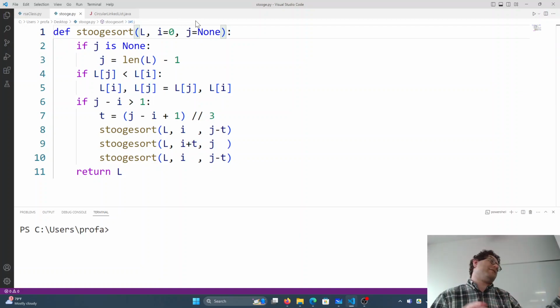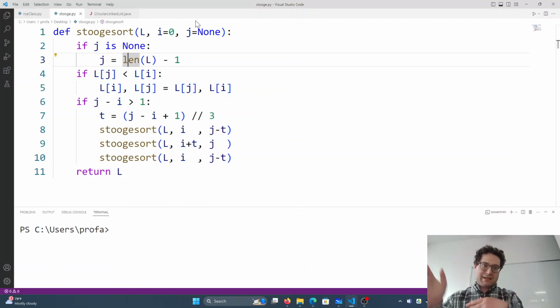Those are basically the start and end points of a subarray, of a sublist. This denotes the area that I'm trying to sort within this range. And if we don't specify an ending range, then we just use the end, so from the beginning to the end.